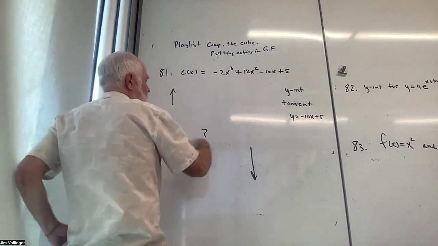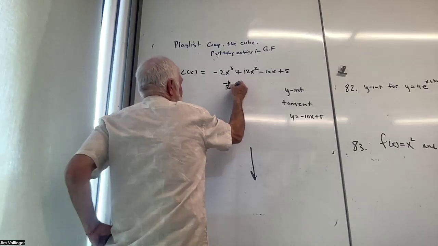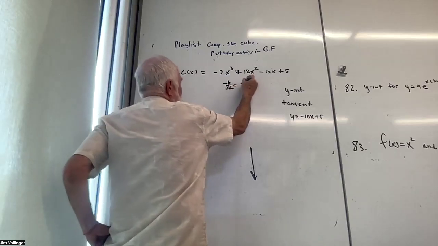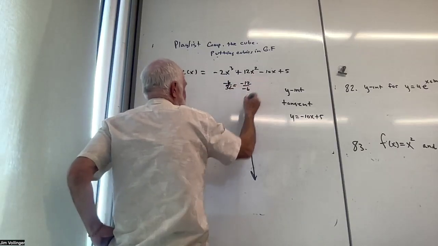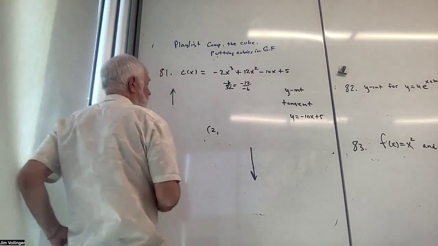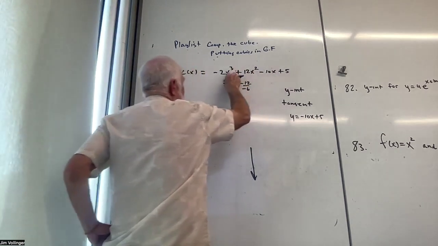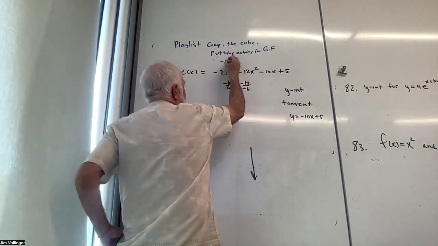All right, the question is what's going on in the middle? So we're going to do a quick minus b over 3a to find the x value. We've got minus 12 over minus 6, so positive 2. So I know right here at positive 2, I've got a point of inflection. I'm going to put it into the equation. So 8 times, so this is negative 16.